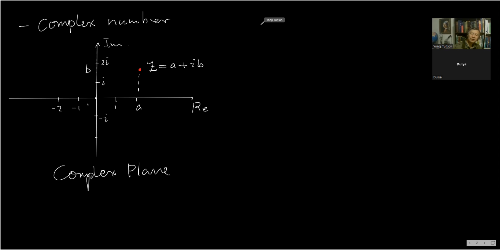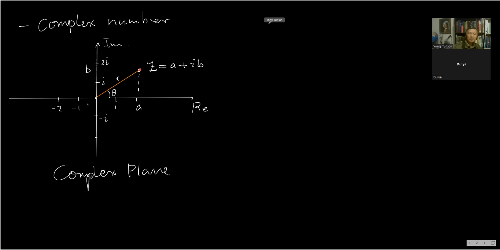Alternatively, you can also use two variables, taking advantage of this triangle. You can use this distance from the origin, can you see? And also you can use this angle. Okay. So this is distance R, can you see this distance R?